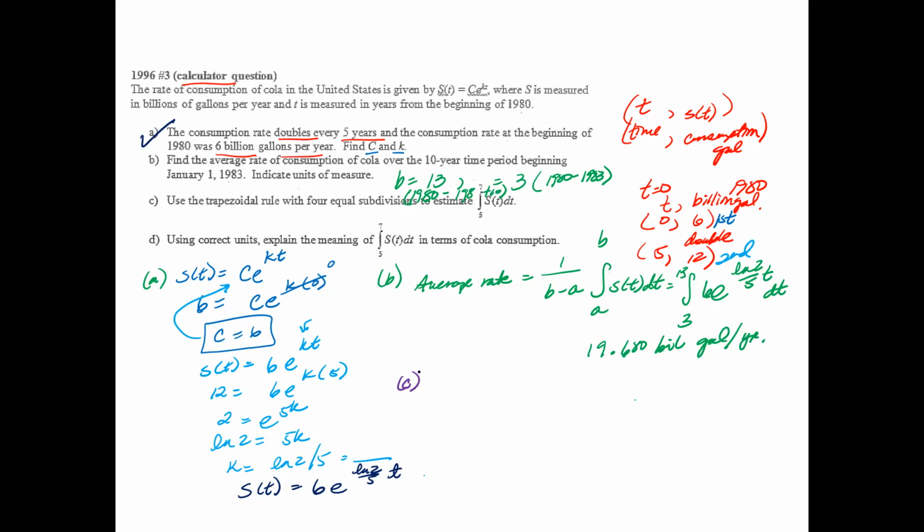So the trapezoidal rule, I'm trying to remember this. Here's your height, base 1, base 2, and your area is going to be 1/2 times the height, times base 1 plus base 2.